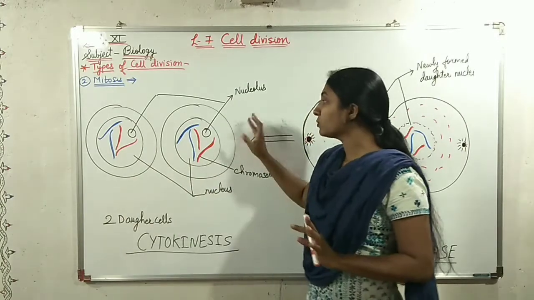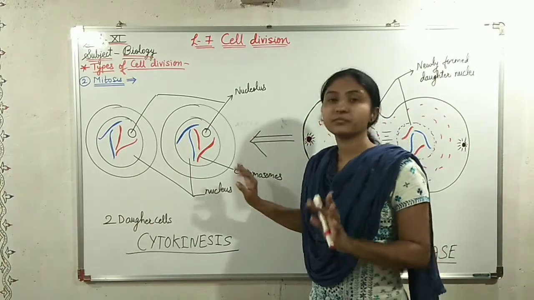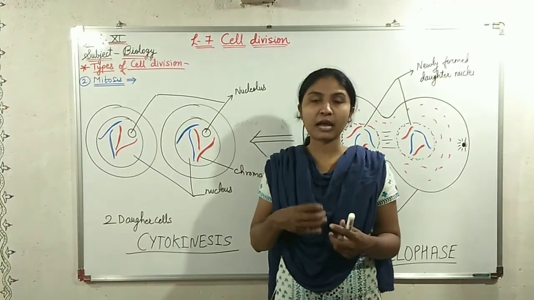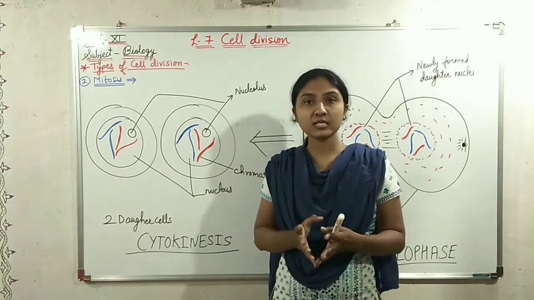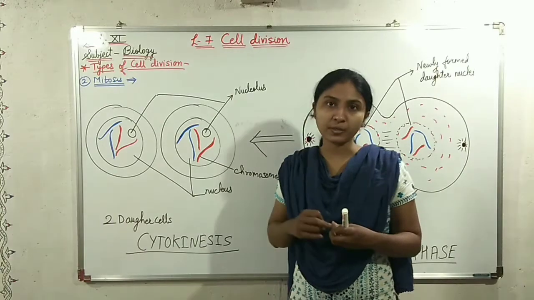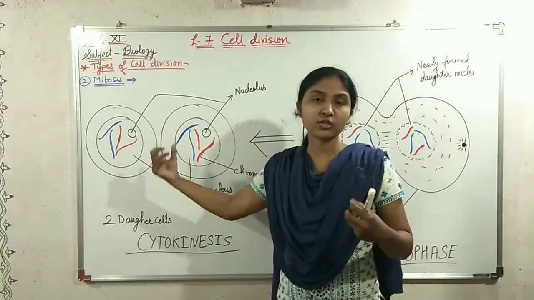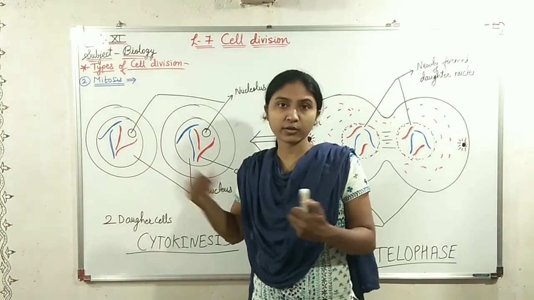Now, in the cytokinesis process, when this happens in plants, the plant cell wall is very flexible, so it does not show the constriction.